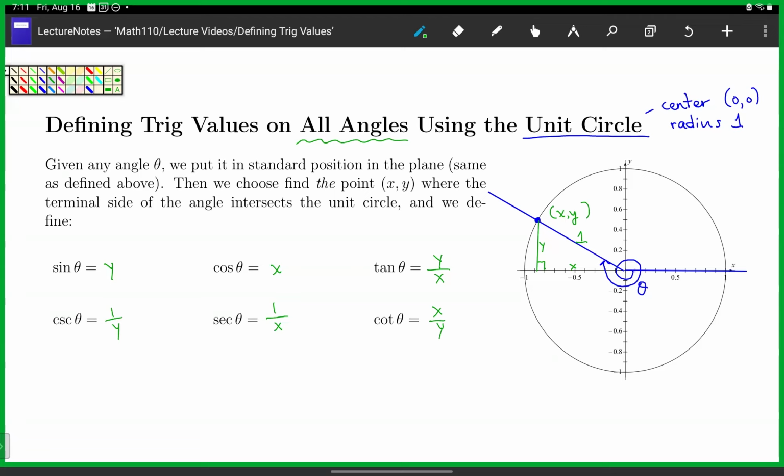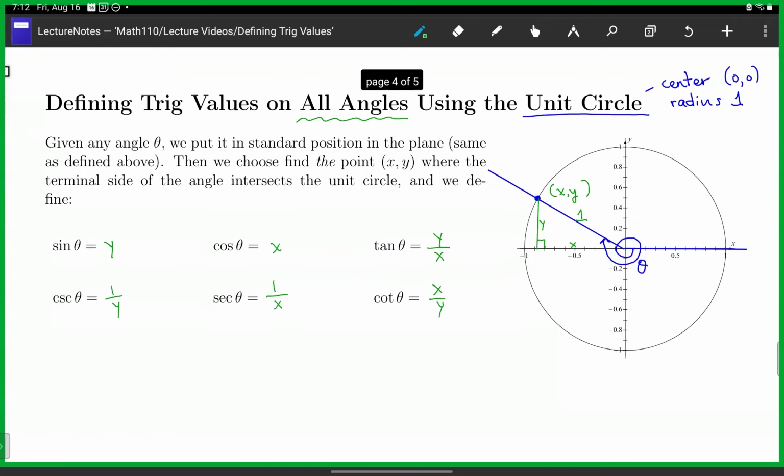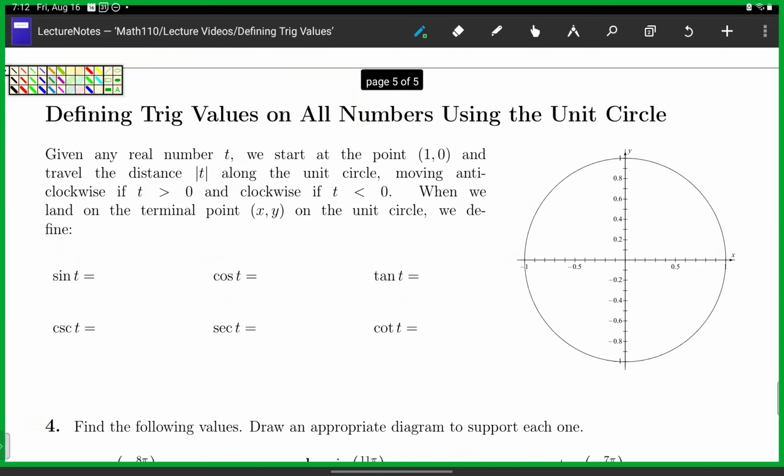I can also ask, what is the sine of 45? And when I ask that, I can think of it as 45 radians, an angle in radians. I can also think of it as a distance, and I will show you how that is.